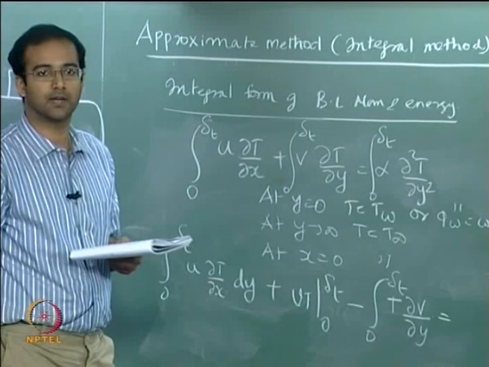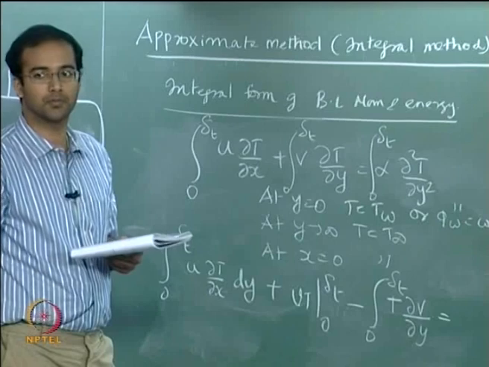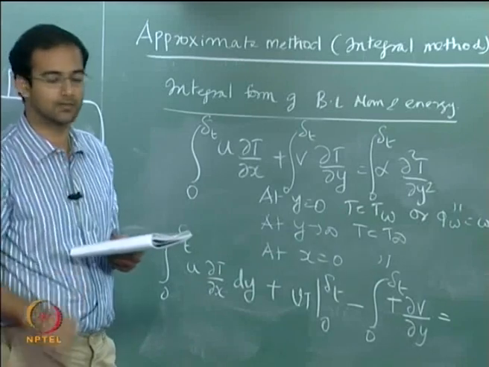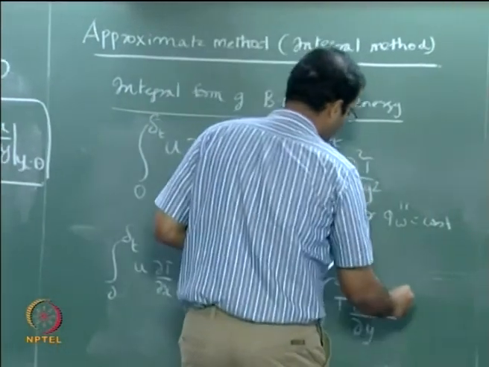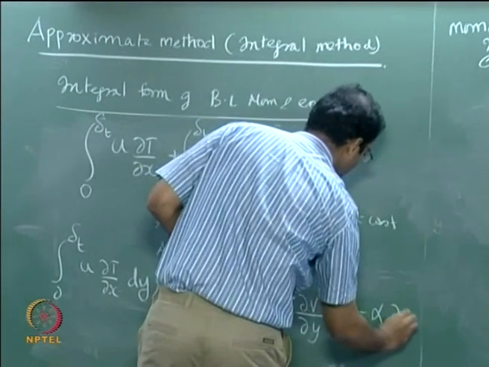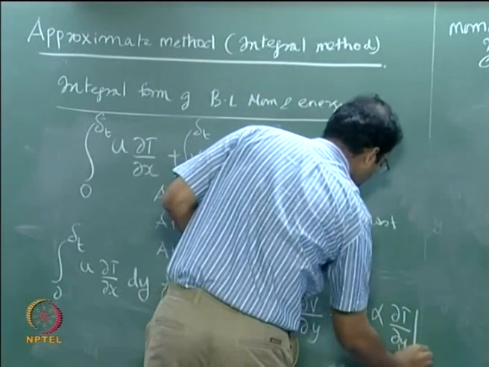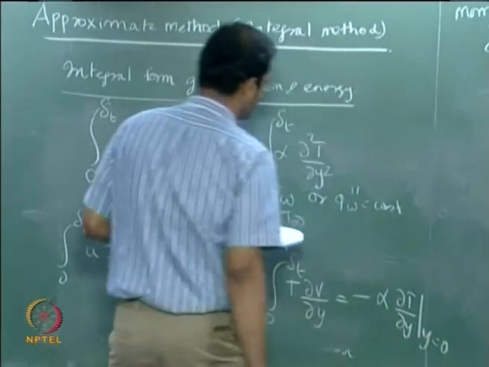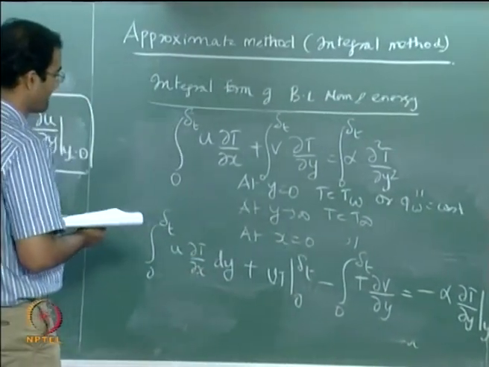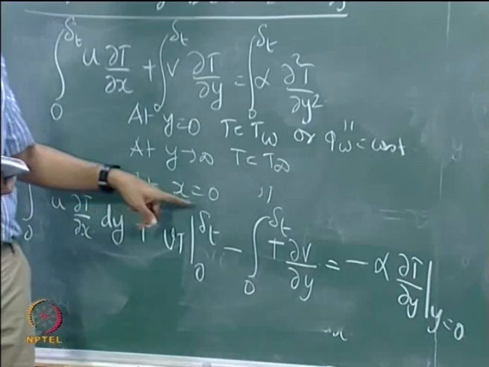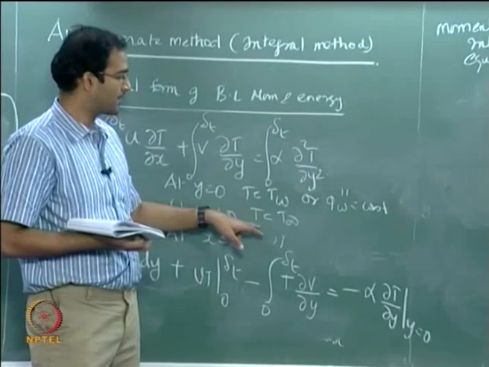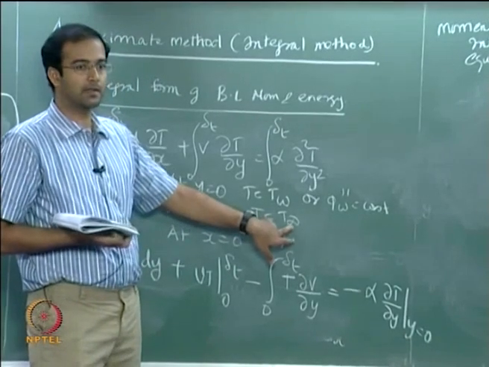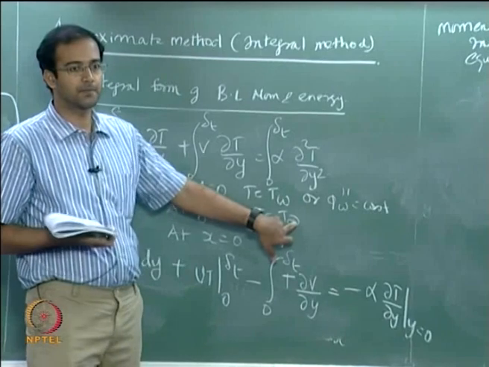It has to satisfy continuity in slope at the edge of the boundary layer. So therefore this will become minus alpha dT by dy at y equal to 0. This is coming because as y goes to infinity, T equal to T infinity, therefore dT by dy has to be 0.